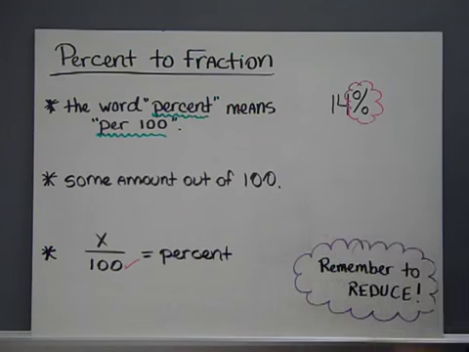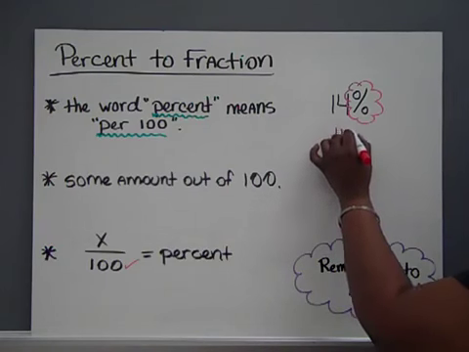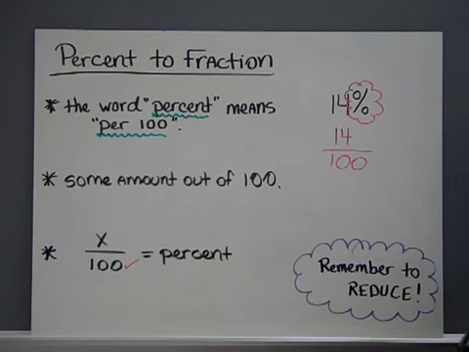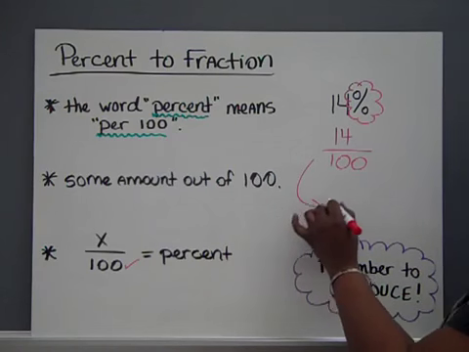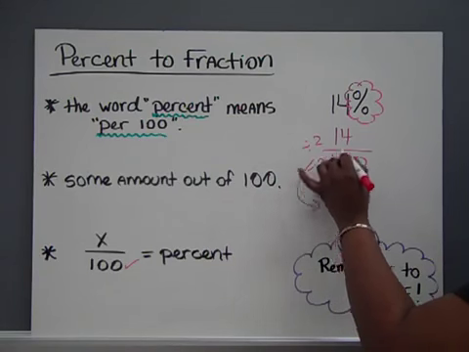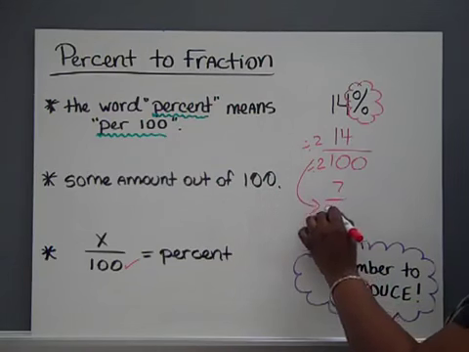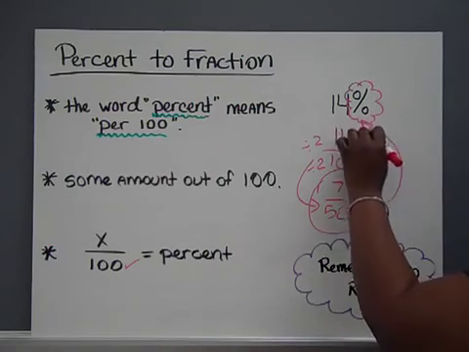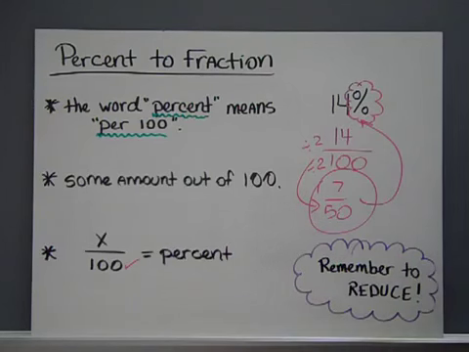Per 100. In this case, it is 14 out of 100. Of course, we're going to reduce this by 2. So we'll have 7 over 50 as our fraction equivalent to 14%.